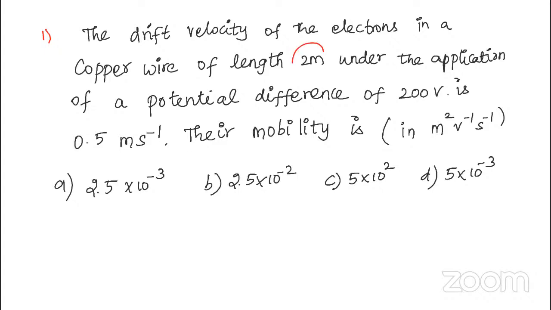Here they are given the length, which is 2 meter, and the voltage, which is 200, the potential difference. Then the Vd value is 0.5. So the three pieces of information are given, and we are solving for mobility.